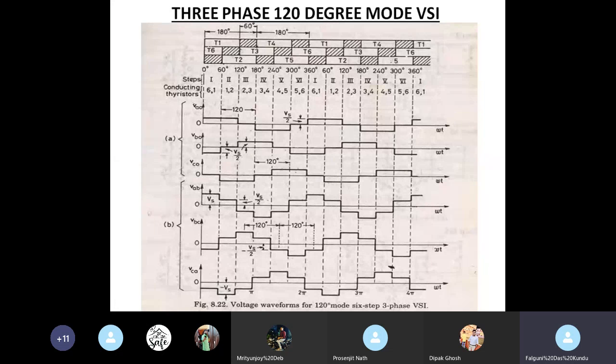After that, during the interval 60 to 120 degree, the value of VBO is 0 and VCO is minus Vs by 2.